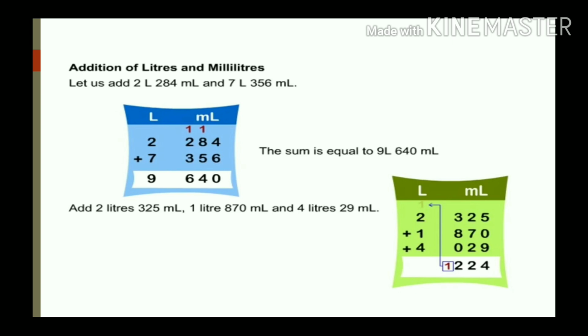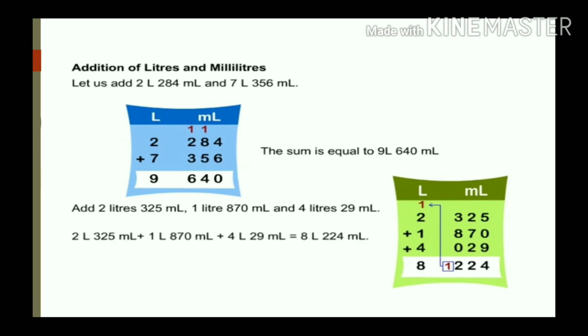So here you can see there are 4 digits. That's why we have to give one carry over to the liter so that it will become only 3 digits number.